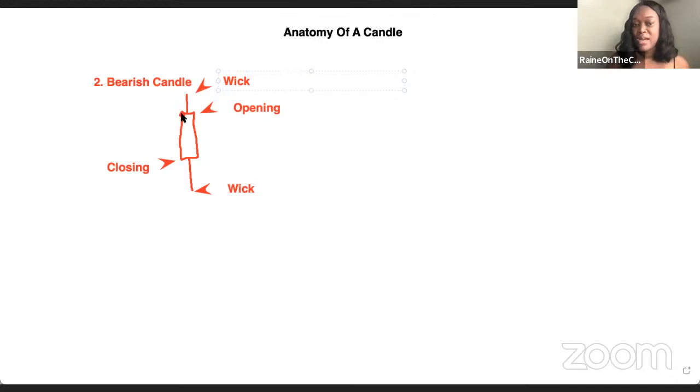Because price opens here, it closes here, but before it closed, it traveled up here. When it was up there, it was a bullish candle. When it was down here, the price was lower, but in the end, price closed up here, right? And that can help people decide on getting into a trade. So go ahead, take a picture of that.